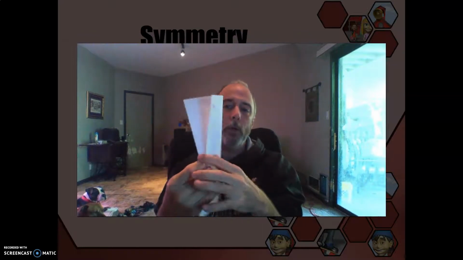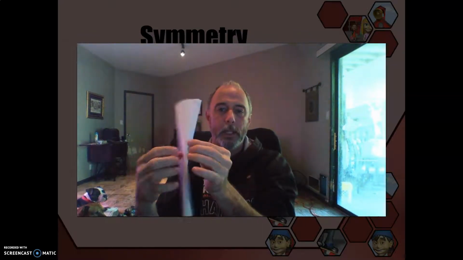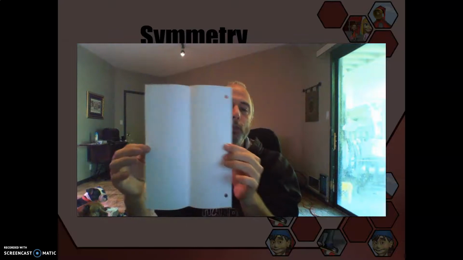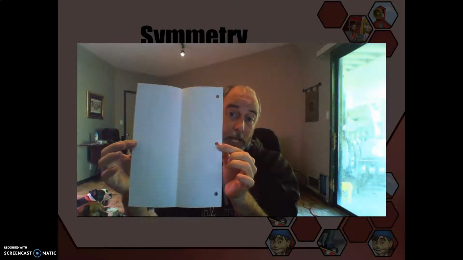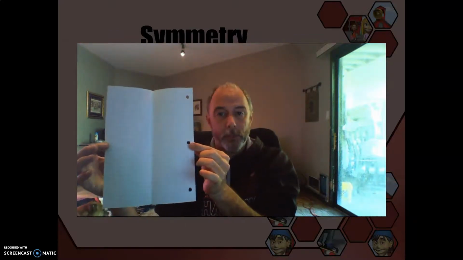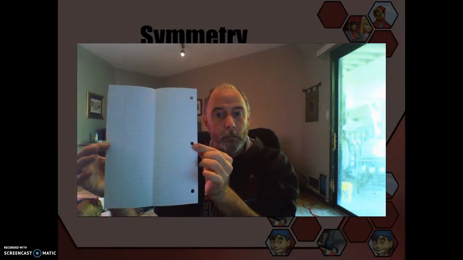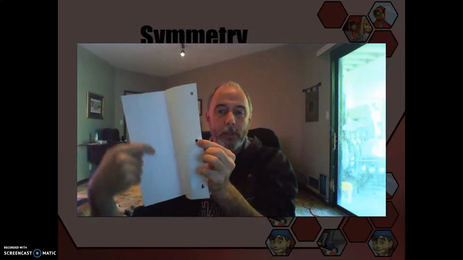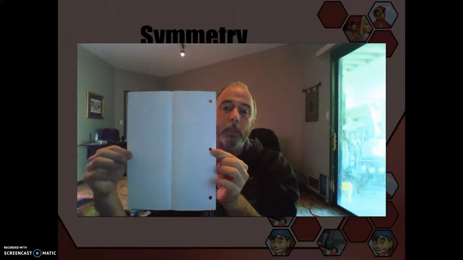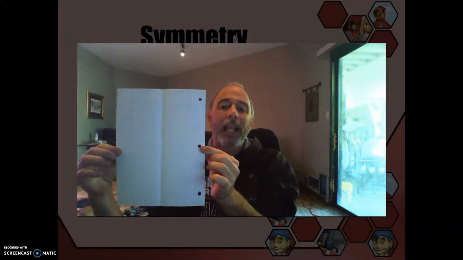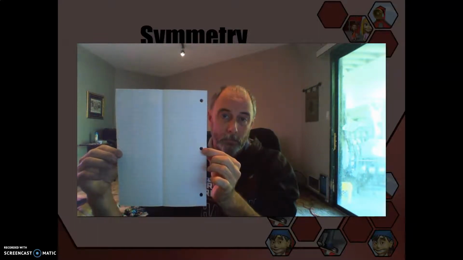If I unfold this rectangle, I now have two rectangles the same size. This is symmetry. The line down the middle, the fold on the paper, that is your line of symmetry.